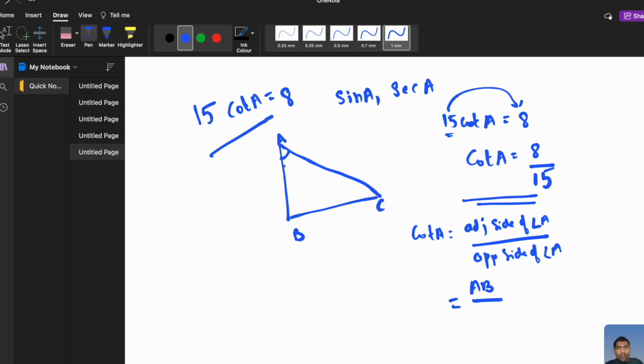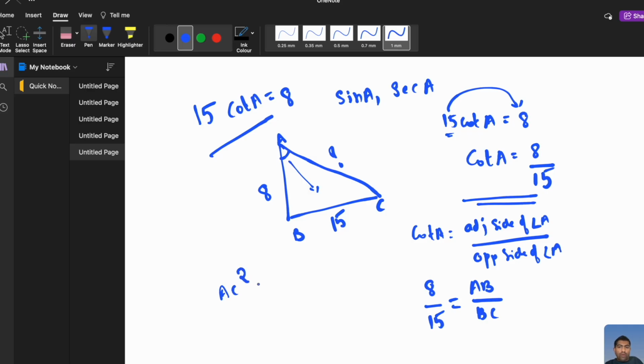What is the opposite side of angle A? BC. So cot A he has given as 8 by 15, which implies AB is 8 centimeters and BC is 15 centimeters. So now we need to find AC. AC is nothing but the hypotenuse.